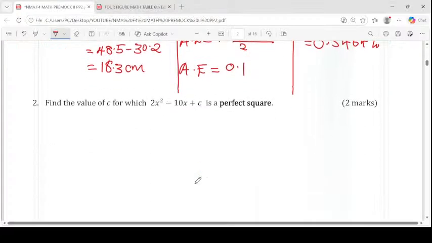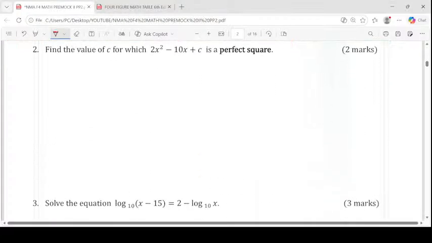Question number 2: find the value of C for which 2x squared minus 10x plus C is a perfect square. For something to be a perfect square, the rule is A times C should be equal to B over 2 squared.